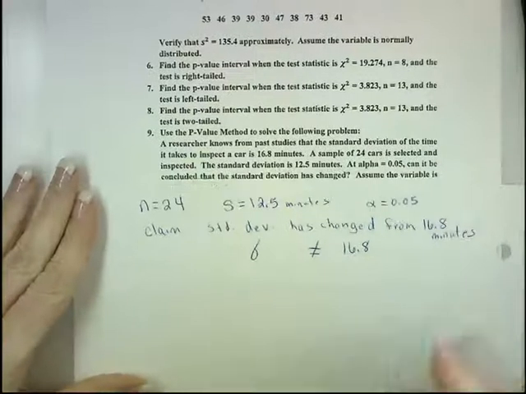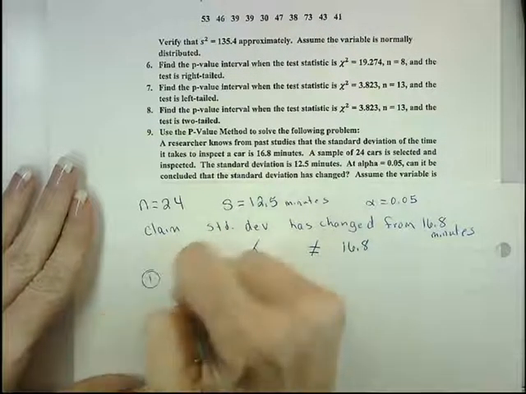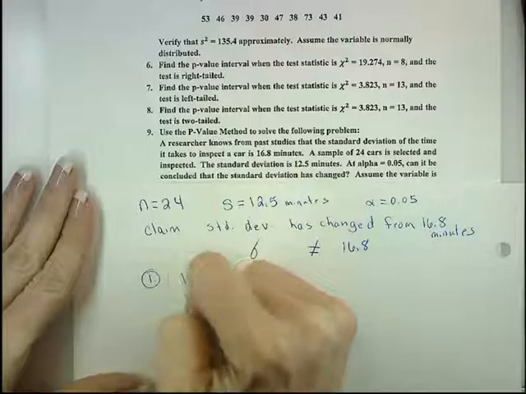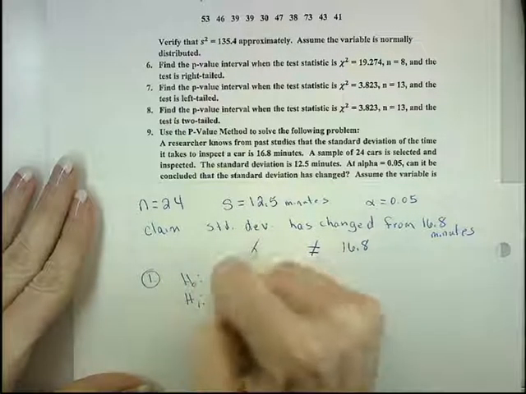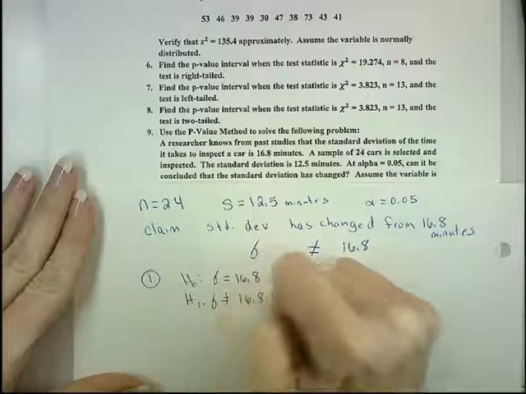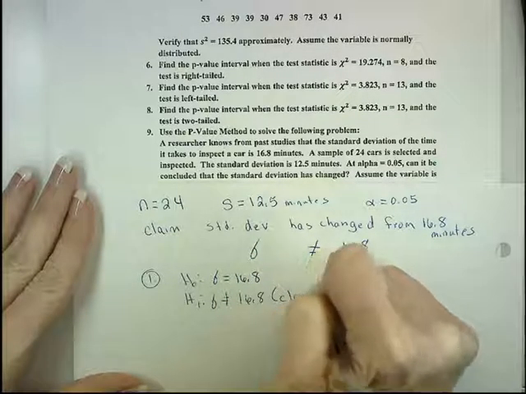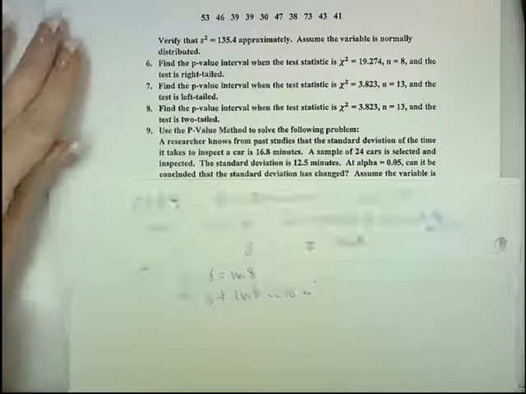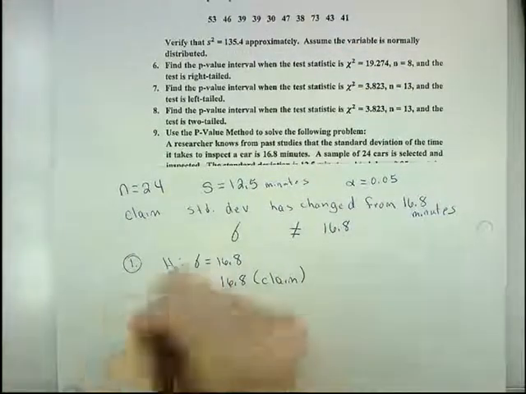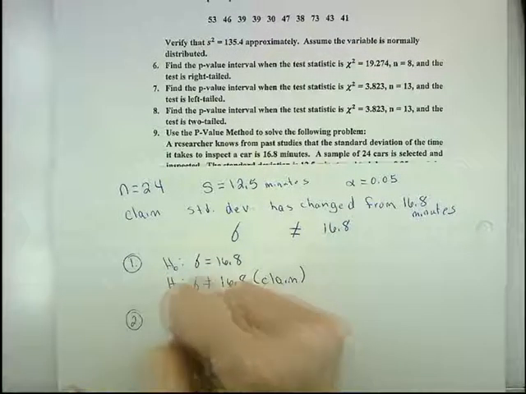And the first step, this is the p-value method, is the setup. You have sigma equal to 16.8 and sigma does not equal 16.8. And the claim is the alternative. Has changed means not equal to. Step number 2 is the test statistic.